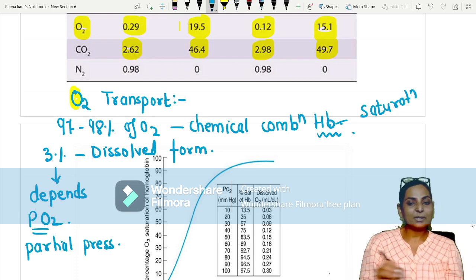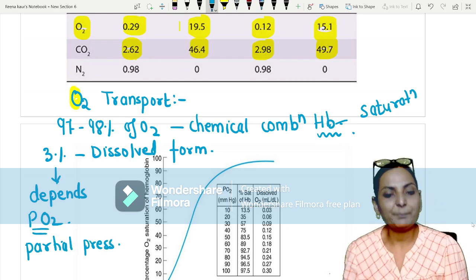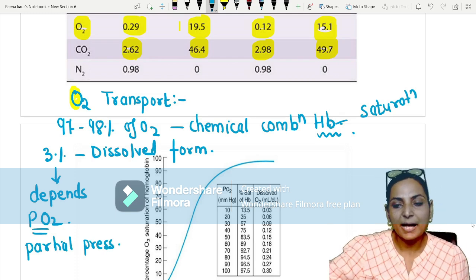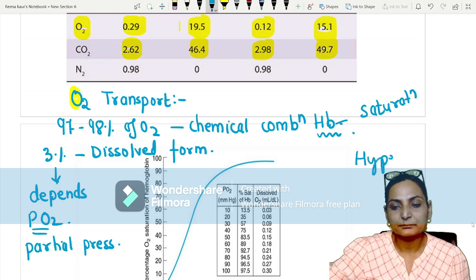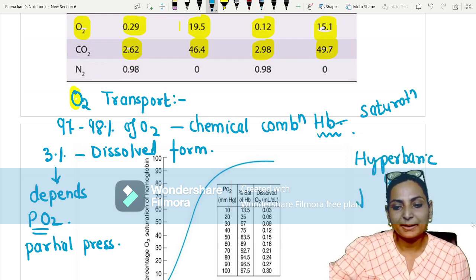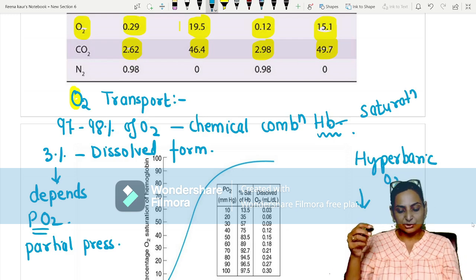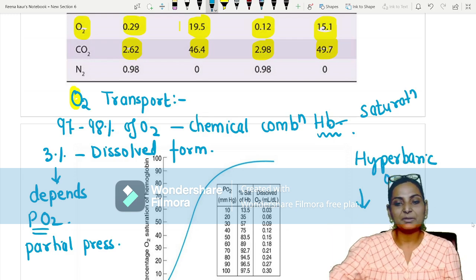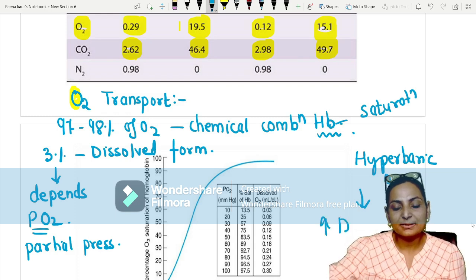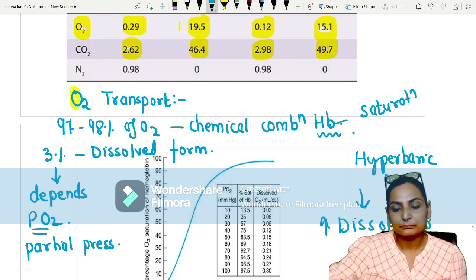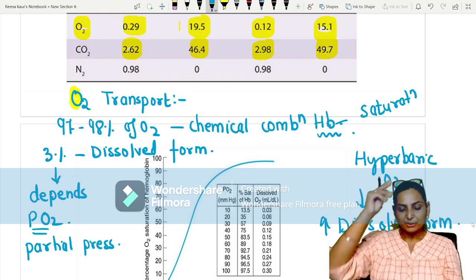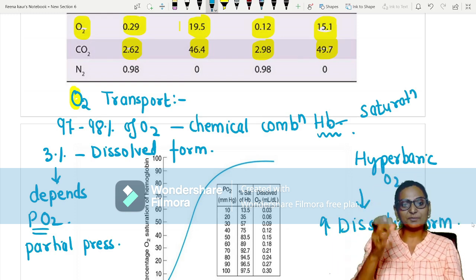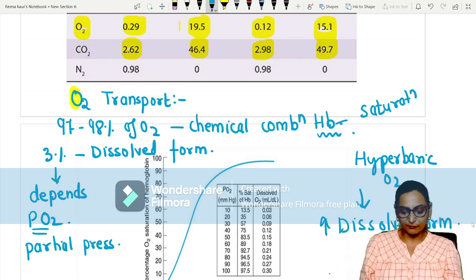That means when you are giving oxygen at high barometric pressures, which is called hyperbaric oxygen, 2 atmosphere, 3 atmosphere, you are going to increase the dissolved form of oxygen.